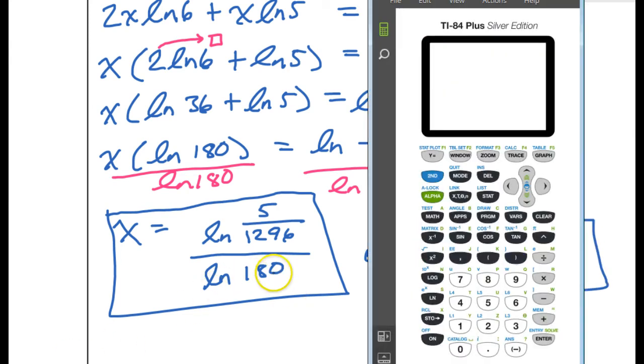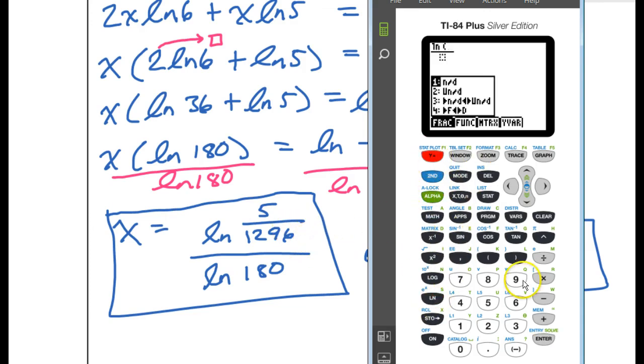By the way, real quick, let me show you how to type this expression into your calculator. You need to hit alpha y equals. This is how you do it on a TI-84. Hit alpha y equals and enter to go into fraction mode. So then in the numerator, we have the natural log. And then inside the natural log, we have another fraction.